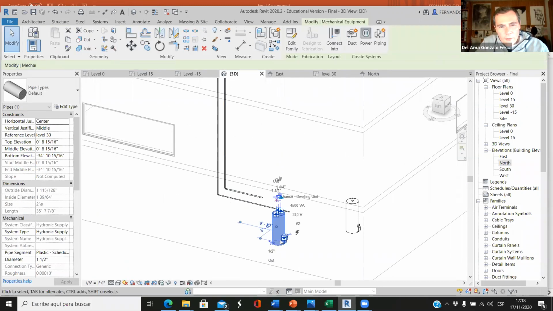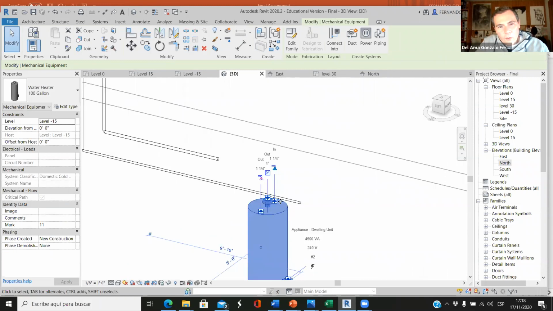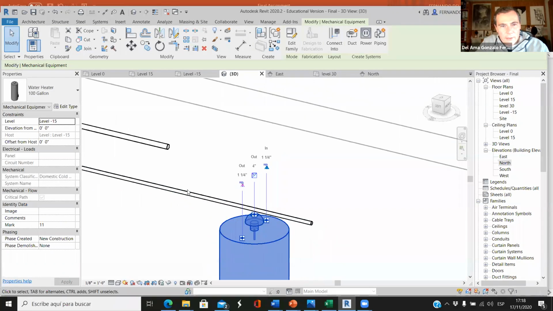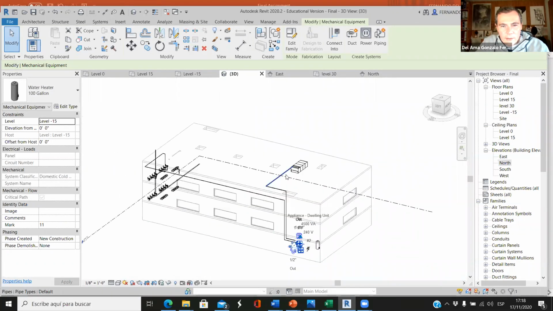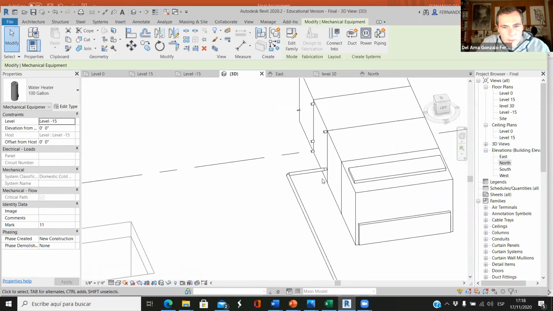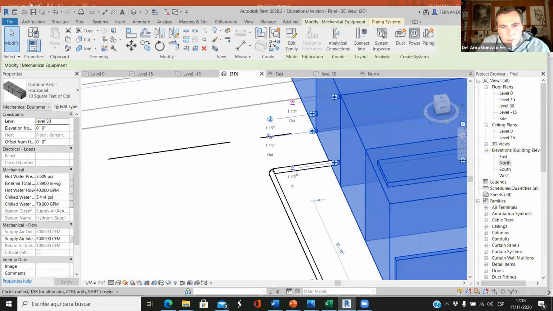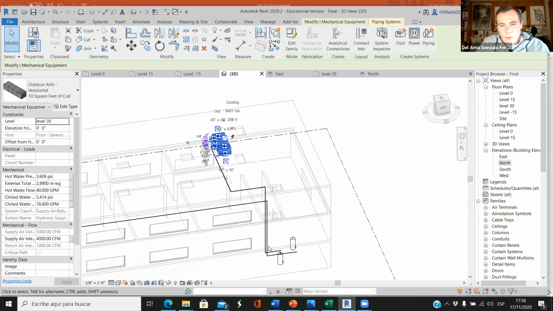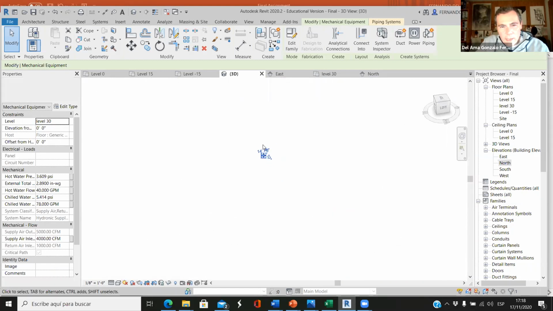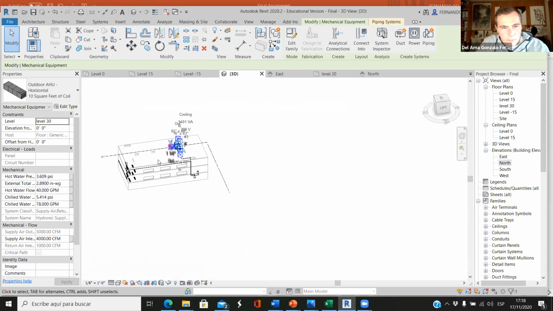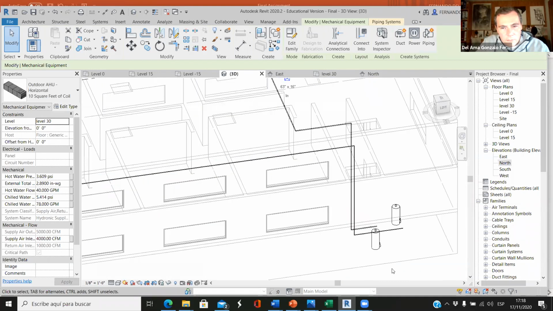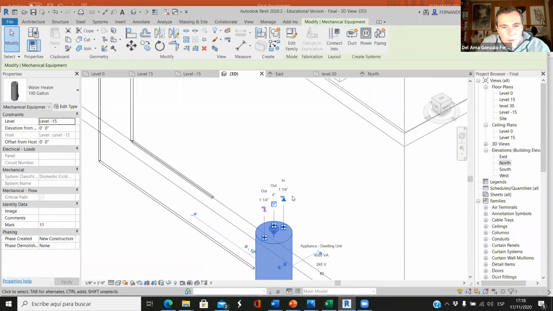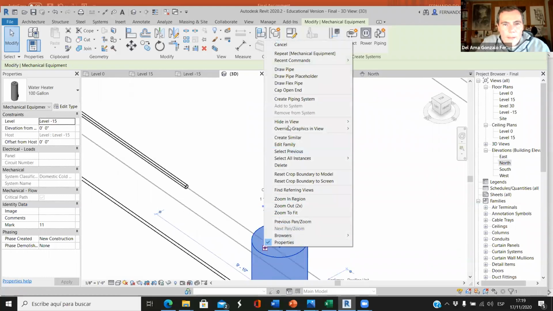And if this is the water heater that we are using, this is inlet and this is outlet. Since we have connected the inlet or the outlet, this is the inlet. We have to connect this to the tank outlet. So this is the outlet.